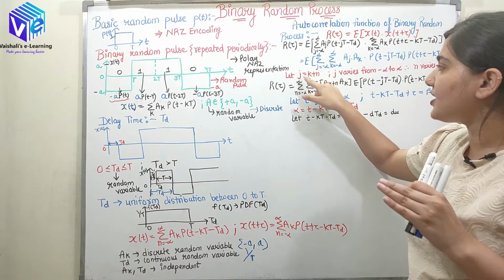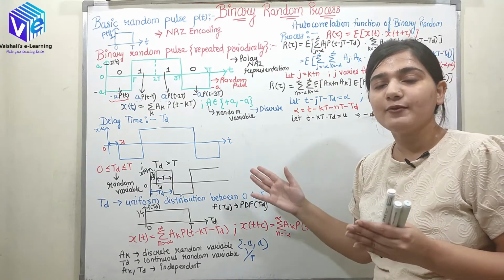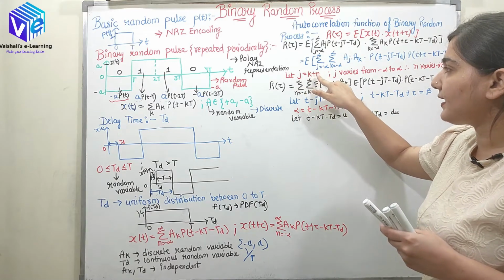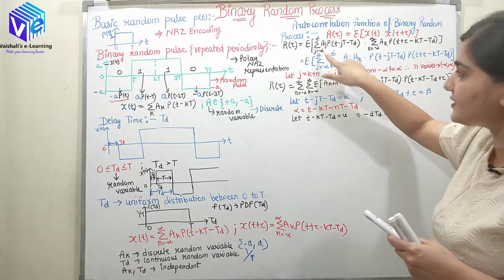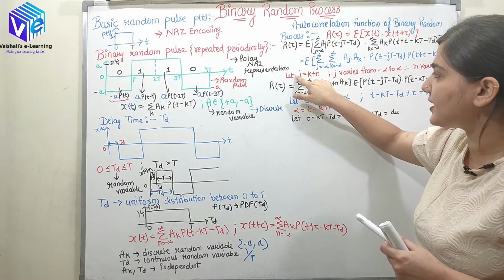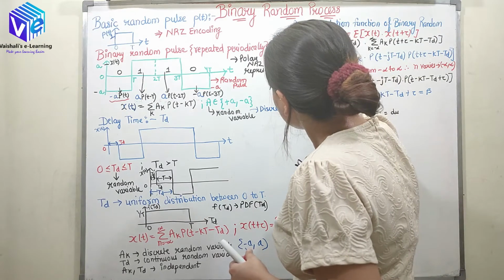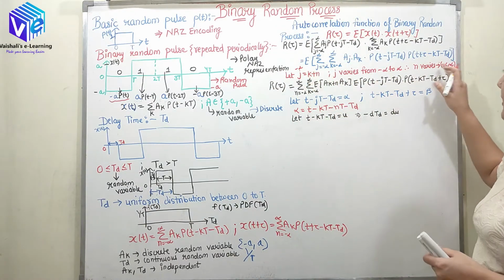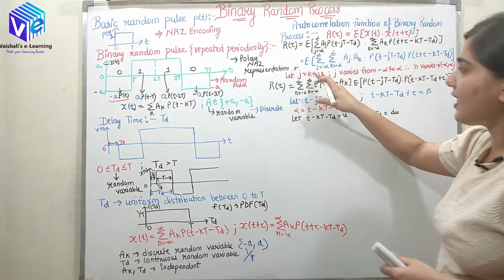Now I'll be taking j equal to k plus n. So I am taking j to be a shifted version of k by n only. Here j varies from minus infinity to infinity. Now put the value of j as minus infinity here: n would be minus infinity minus k, so n would be minus infinity, and when I put j equal to infinity, n would be infinity.